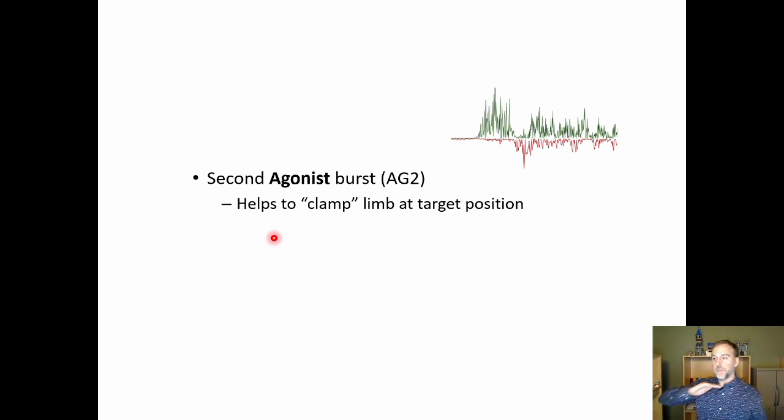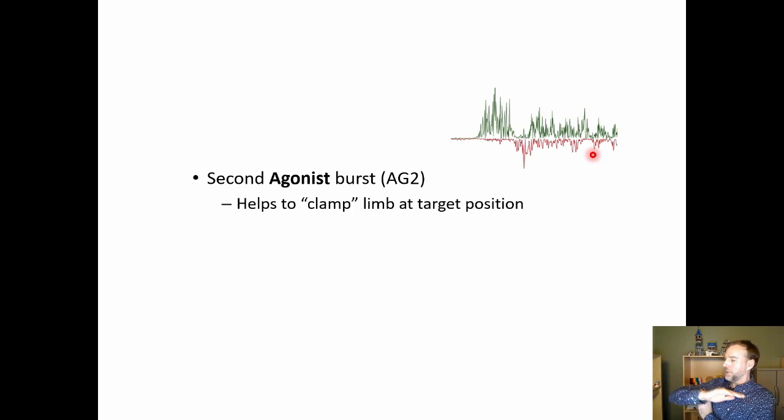Now, because this is such a fast movement, we can't just kind of come to a slow stop, right? We need to stop right on the target. And the way our body does this is it reactivates the agonist with the second agonist burst. So if you see here, see how the antagonist and the agonist are on for a lot of the time? Well, we're co-contracting both of those muscles to stop on a dime as quickly as possible.